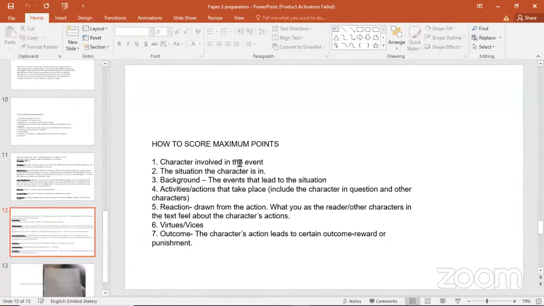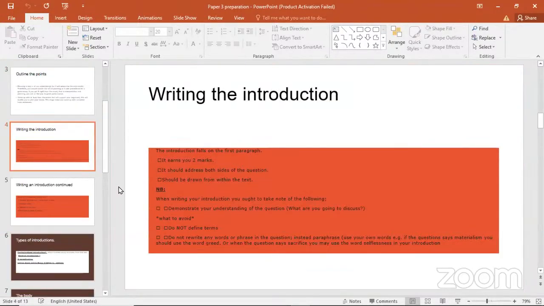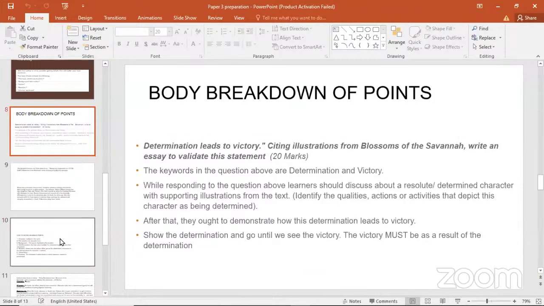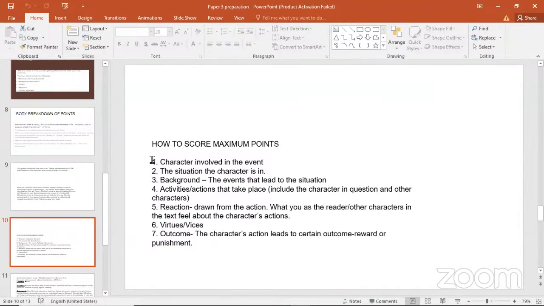And then I'm simplifying it back by saying that the first 2 capture the topic sentence, 1 point. 3 and 4, the evidence, the illustrations, everything that you need to talk about the situation, will give you another point. And then the last 3, which capture the ending, the outcome of whatever you're discussing, capture the last point.